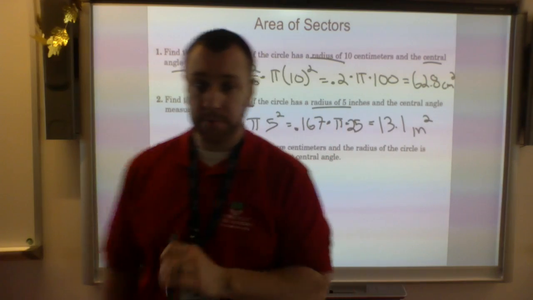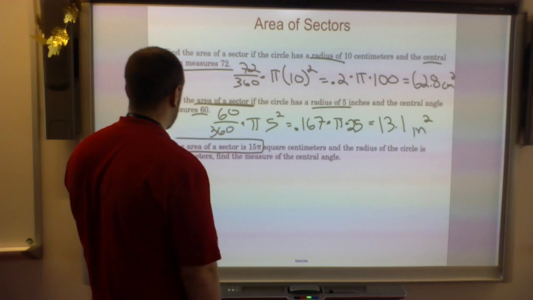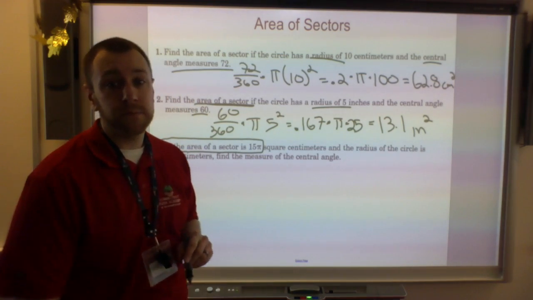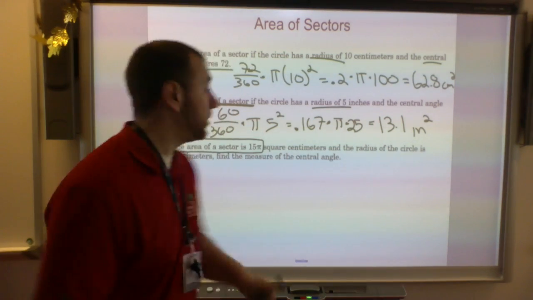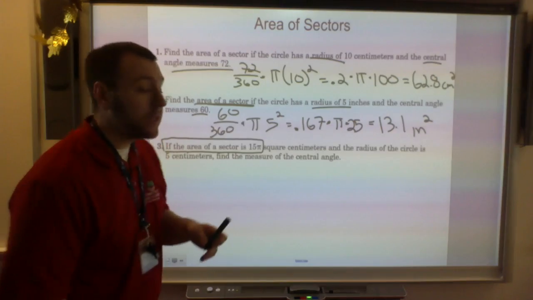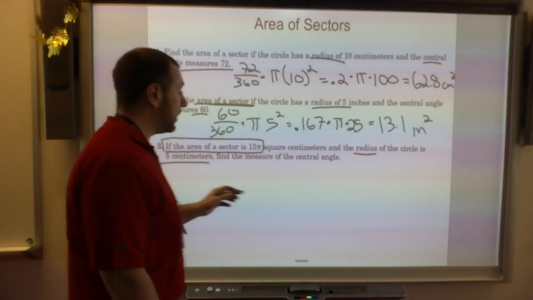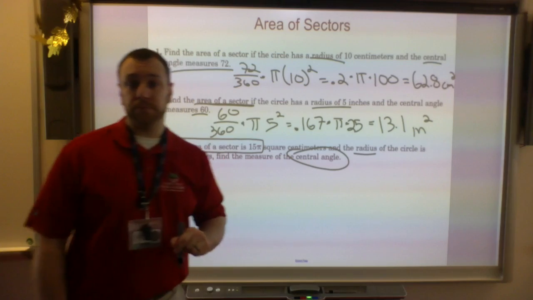3 is a tricky one because now if the area of a sector is 15 pi, meaning if this area is 15 pi, okay? And the radius of the circle is 5, now I have to find the angle.